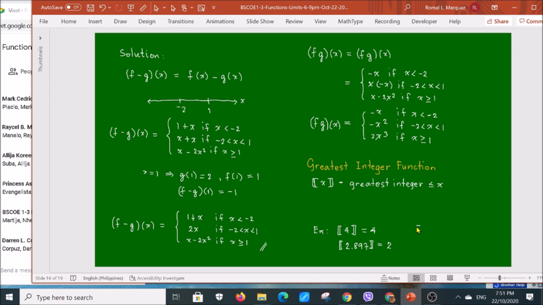So, what if I have negative pi? What is the greatest integer of negative pi?